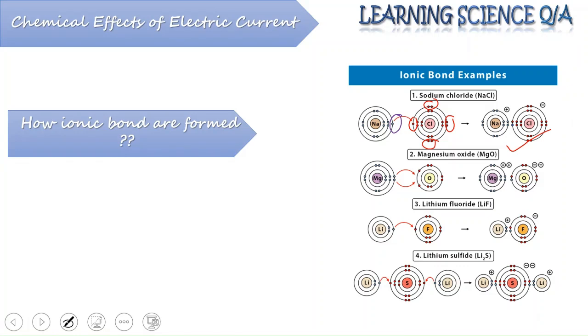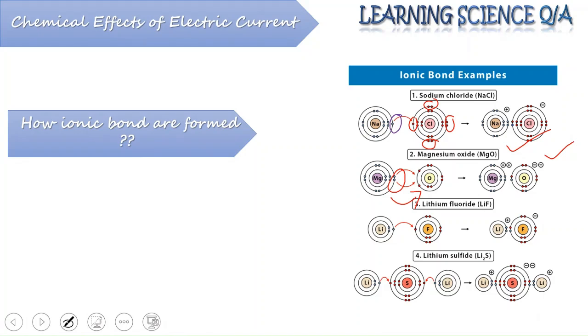A similar kind of electron transfer can be seen between magnesium and oxygen, where oxygen is lacking 2 electrons in completing its octet. So 2 electrons from magnesium can be given to oxygen to form magnesium oxide.